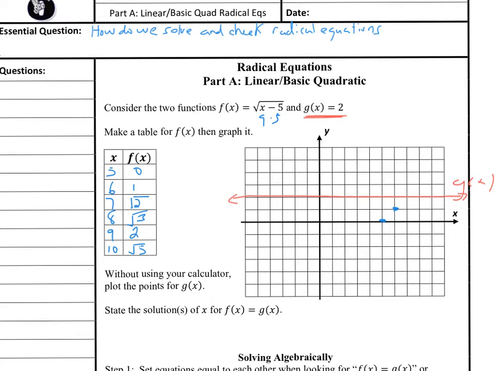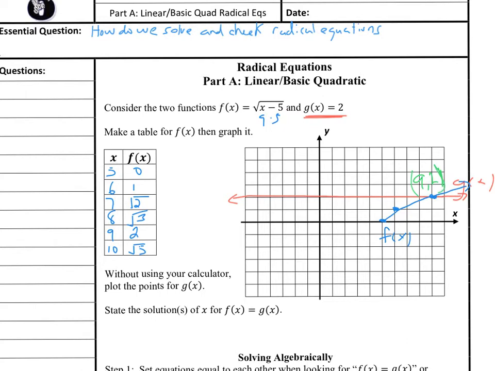So 7, 8, 9, up 2, and there we have it. We'll label this f of x, and label the point of intersection, which is 9, 2. Okay, and we're pretty good to go.